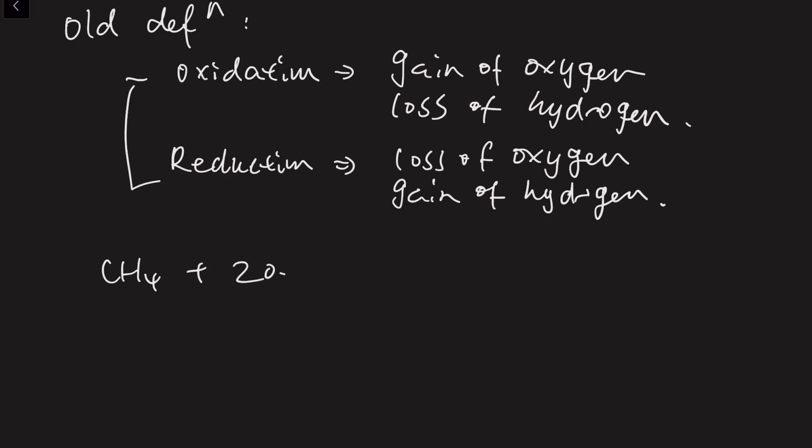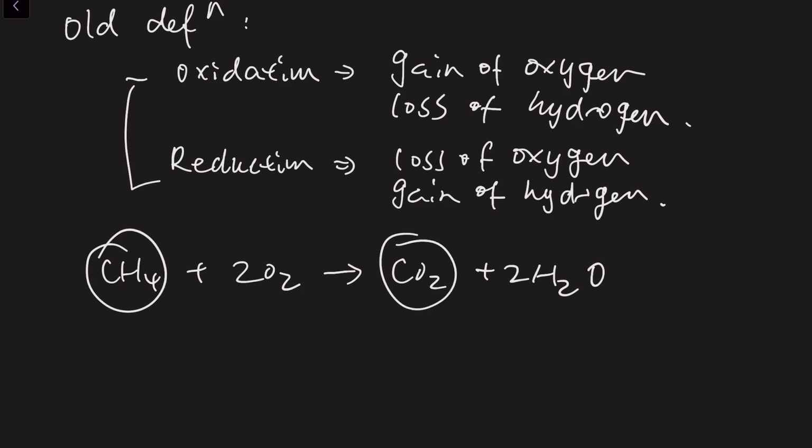For example, the combustion of methane, which is natural gas, is actually an oxidation reaction, as we have discussed before. So, what is getting oxidized and what is getting reduced? We can use the old definition to figure it out. So the only carbon-containing compound is methane and carbon dioxide.